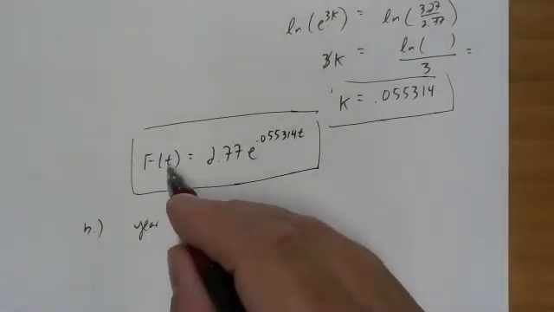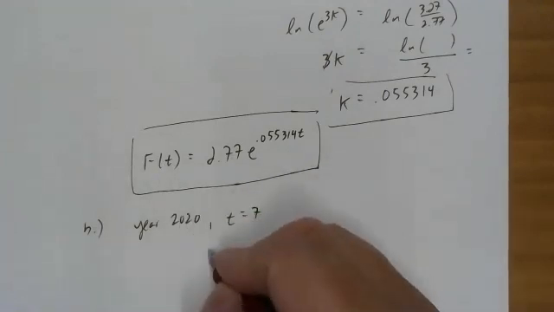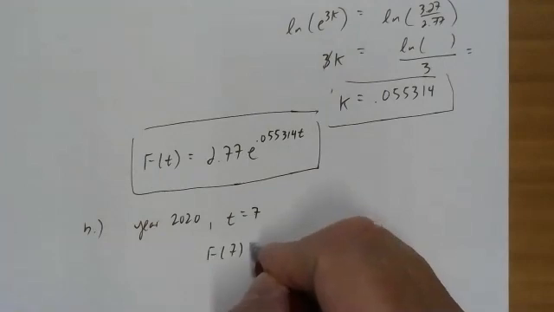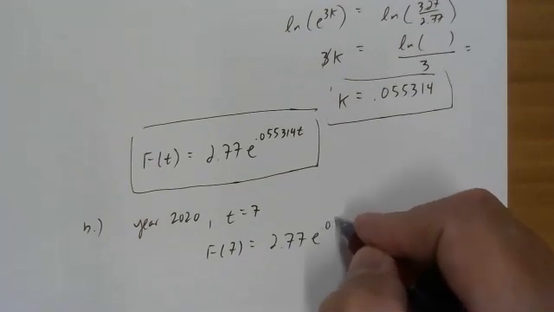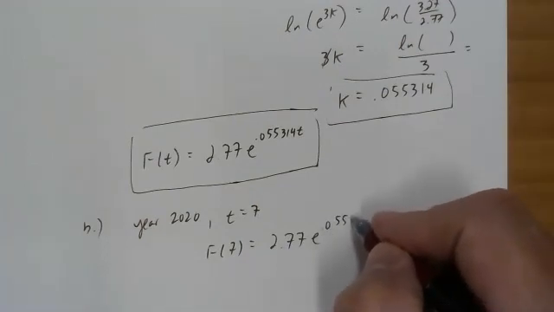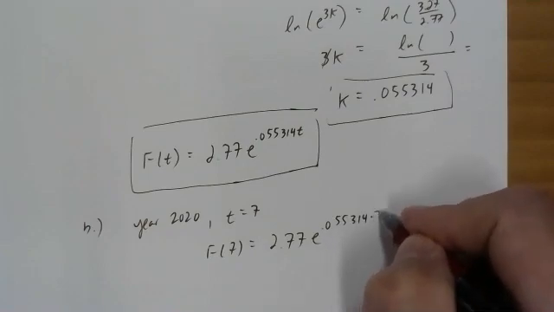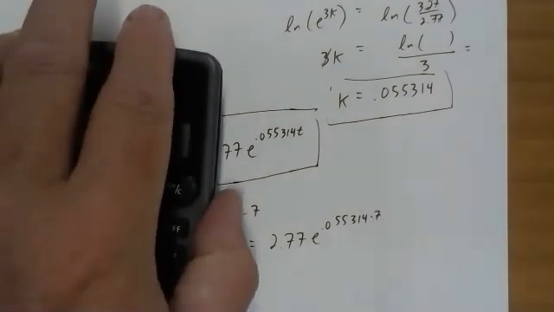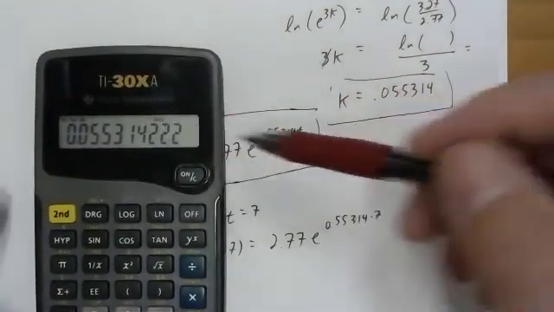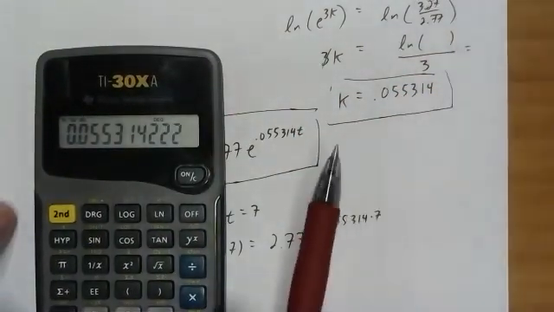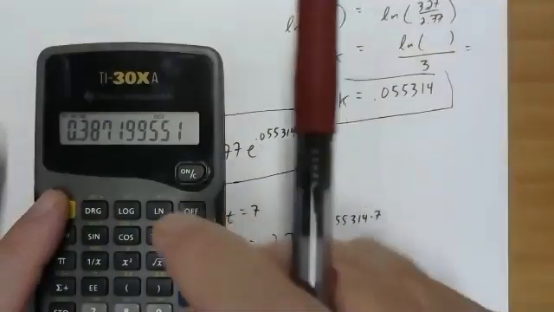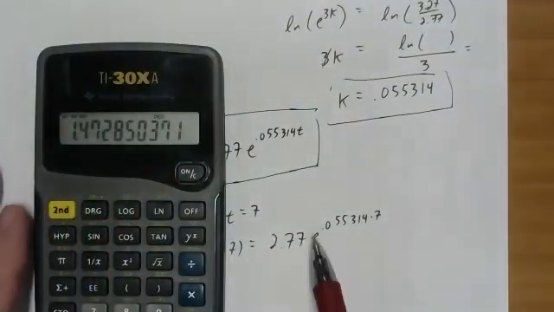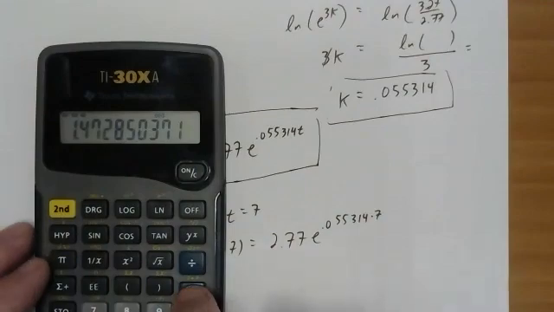So now I'm going to plug in 7 for t into my function to answer the question. It's 0.055314 times 7. I left this number in here, so I can take it times 7. And now it's e to that, so I have to do the exponential part, then times 2.77.